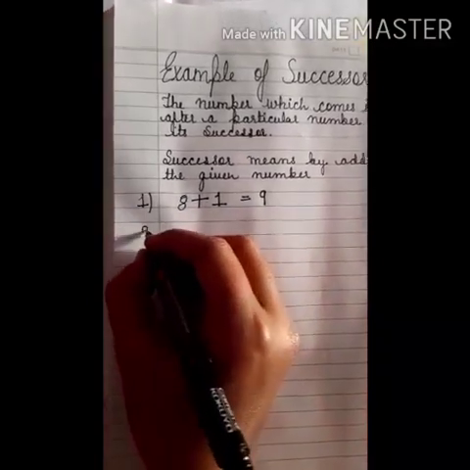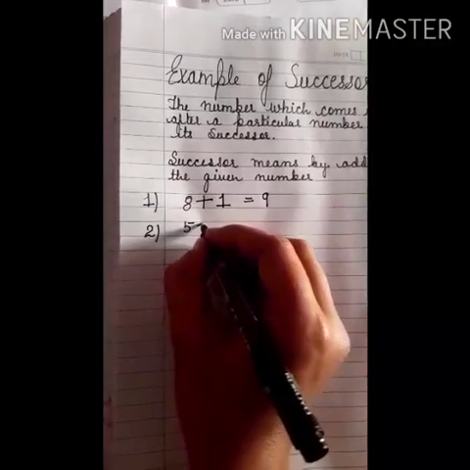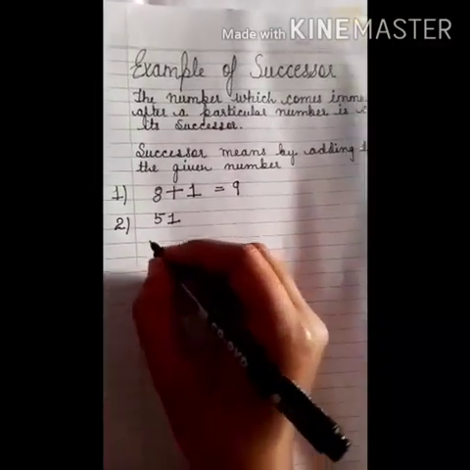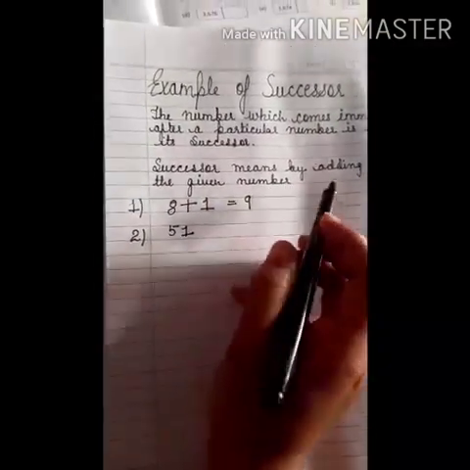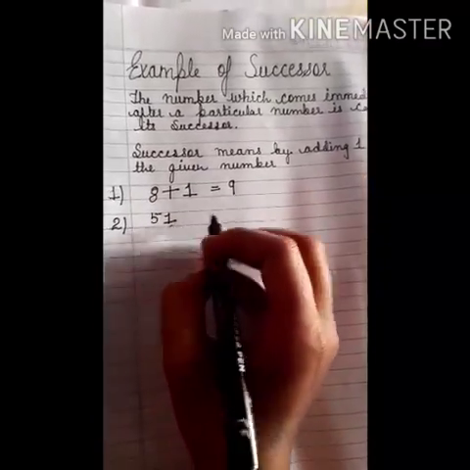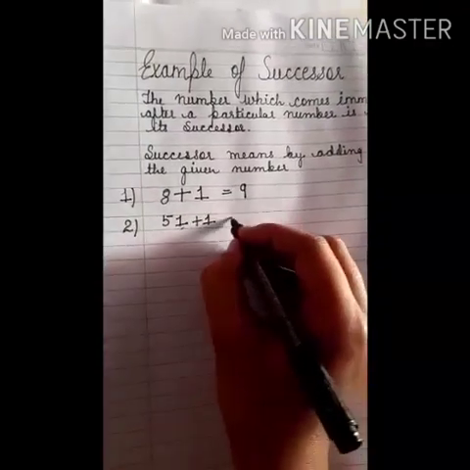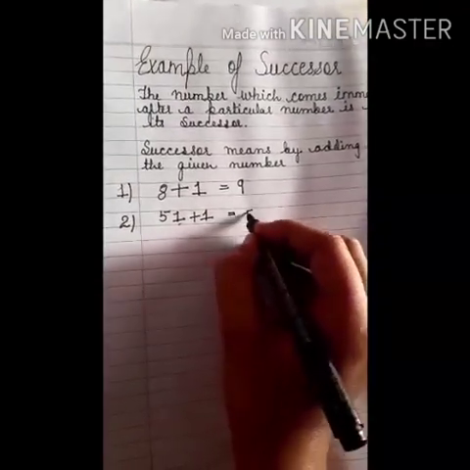Let us take another example. 51. So again, what is a successor? Successor means adding 1 to the given number. So the given number is 51. So we will add 1 to it. 51 plus 1 will give you 52.